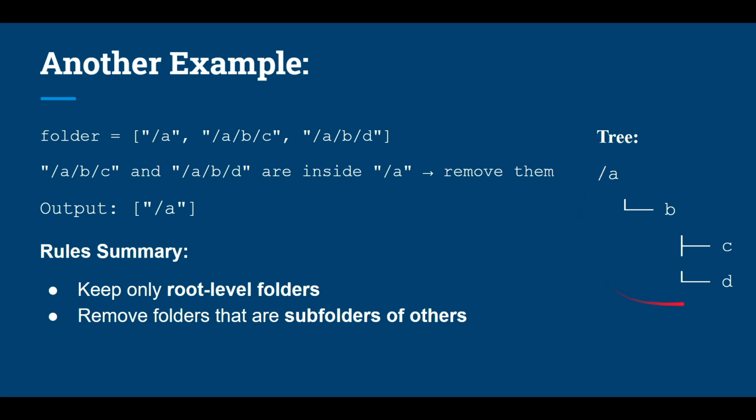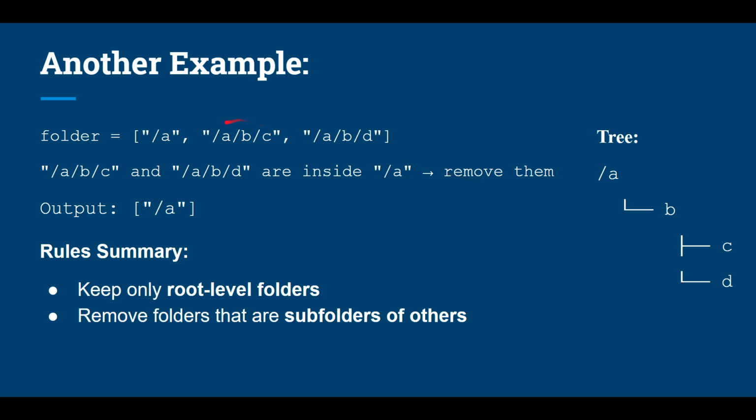If you represent it like a tree, we can say A is a root node or root folder, where we have a child B, and B has two children C and D. So if we understand this, the folders C and D we can remove from here.